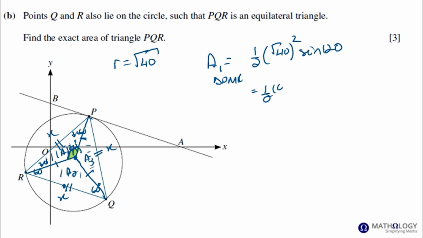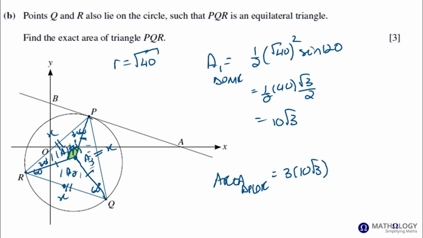So it's a half times 40, and sine 120 is root 3 over 2. It's going to be 10 root 3. So the area of triangle PQR is going to be 3 times 10 root 3, because we have 3 identical triangles there, which is 30 root 3 units squared.